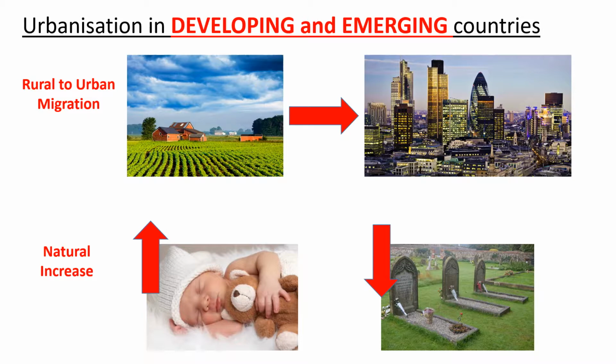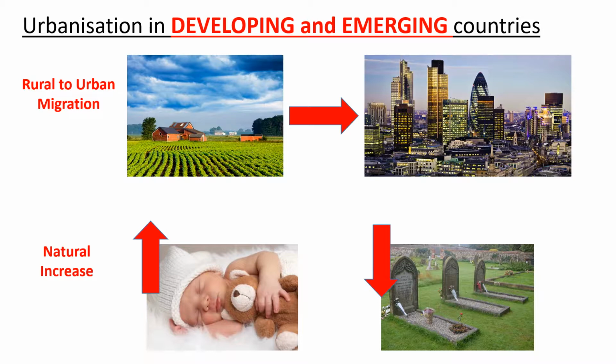Now, first, rural to urban migration. This is your push and pull factors, so why people move from the countryside, the rural areas, to urban areas. And then secondly, we've got natural increase. This is a natural way that populations increase, so birth rate goes above the death rate. That could be for a variety of reasons.